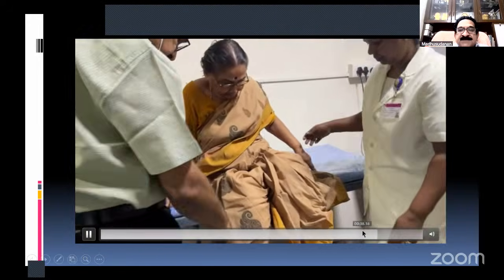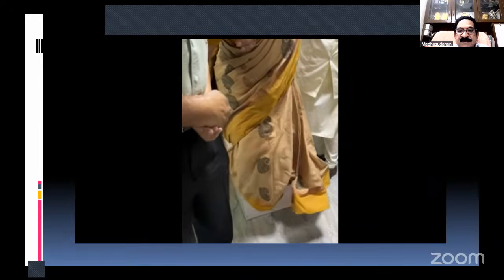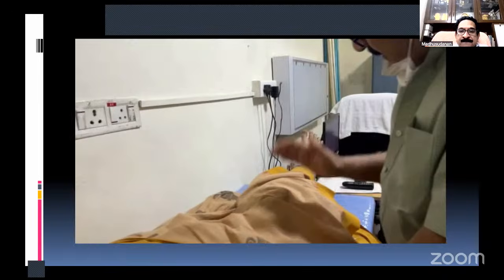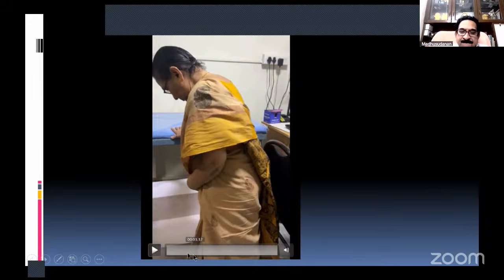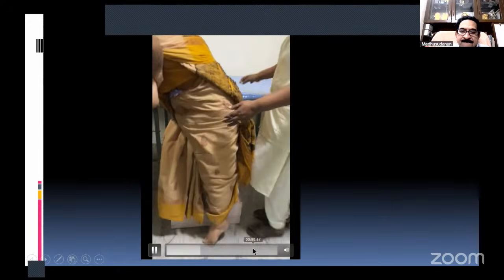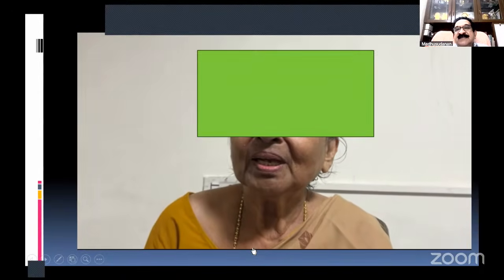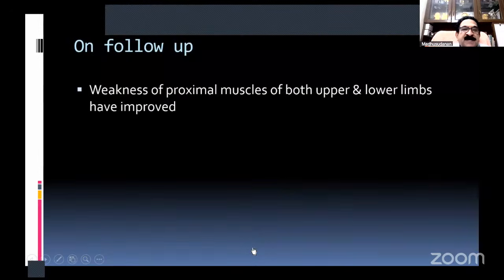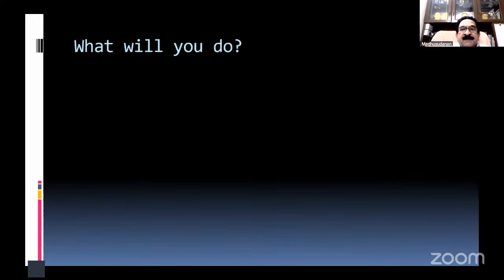She could get up much more easily than before, and get down easily. But there is no improvement in the speech. Weakness of the neck muscles and both upper limbs improved. No improvement in phonation. Now what will you do?